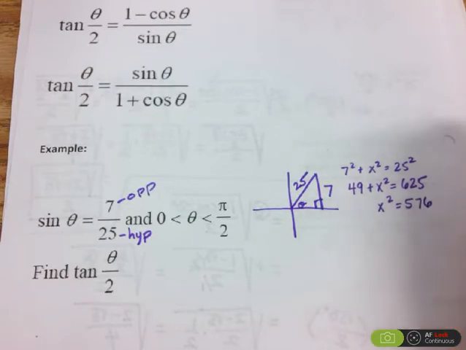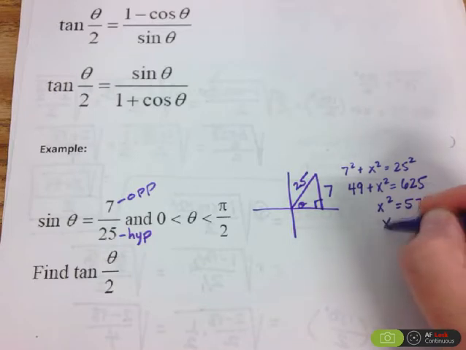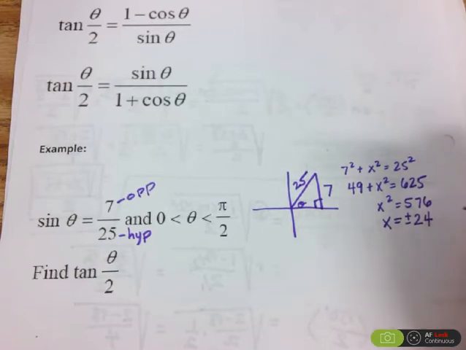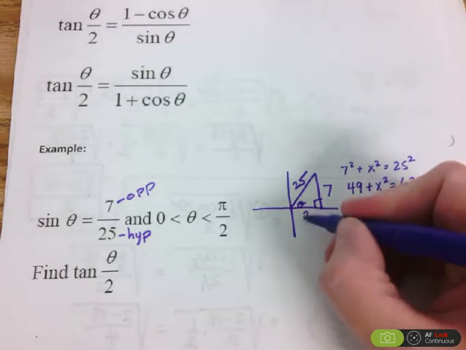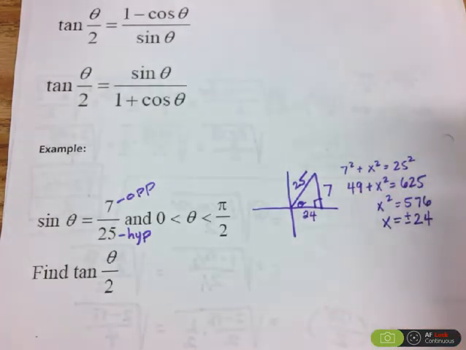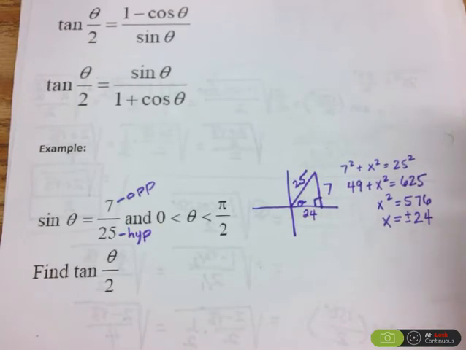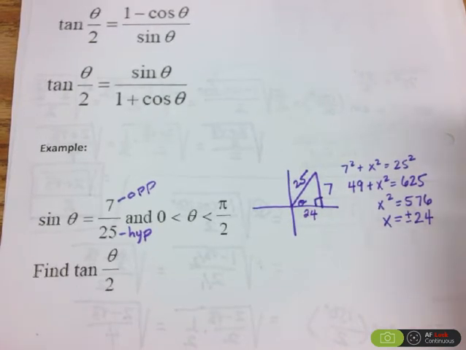And then you figure out that the square root of 576 is 24. So x is going to equal positive or negative 24. In this case, which one is it? Positive 24, because we're in the first quadrant. All right, so we just did a little bit of Pythagorean theorem.